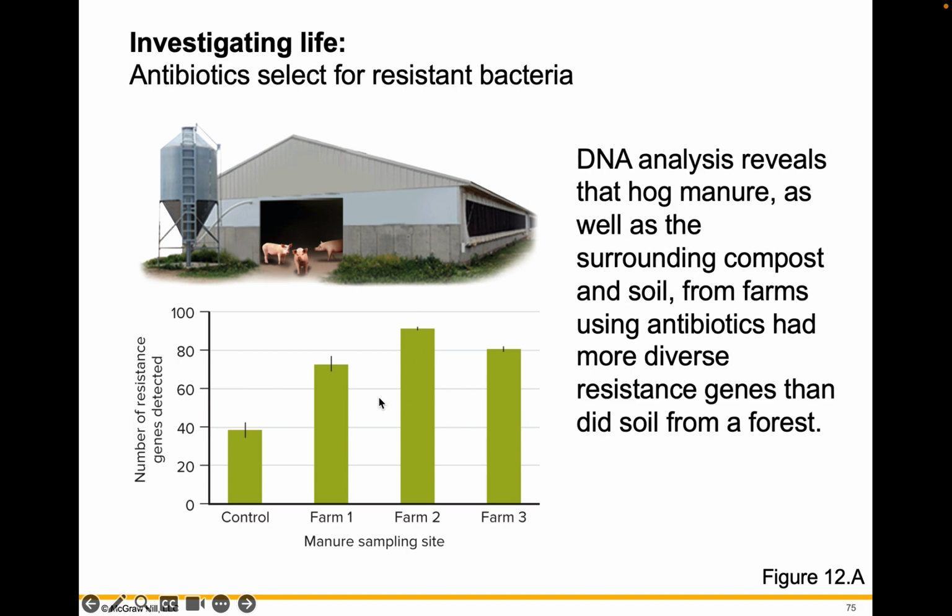So we see here, if we compare the number of resistance genes detected in the soil on farms that feed their livestock antibiotics regularly relative to the number of genes for antibiotic resistance that we just find in the soil in the same area but not on those farms, there's much higher, like double the amount of genes for antibiotic resistance.